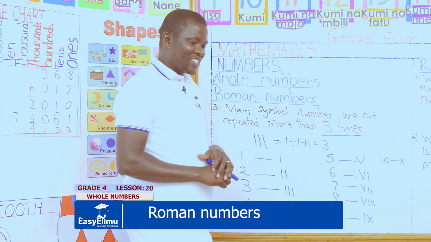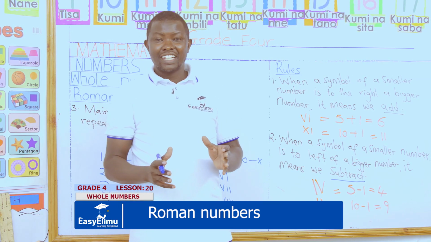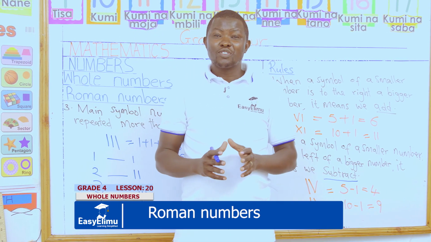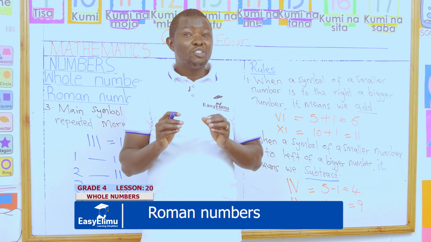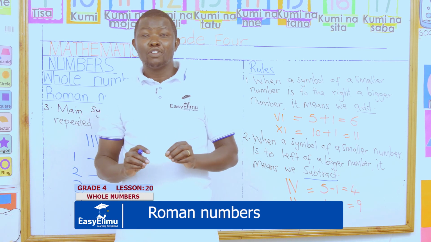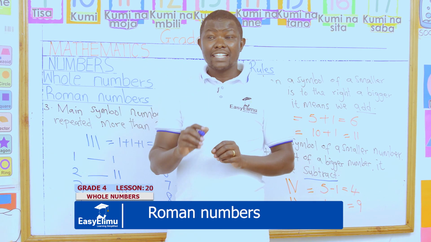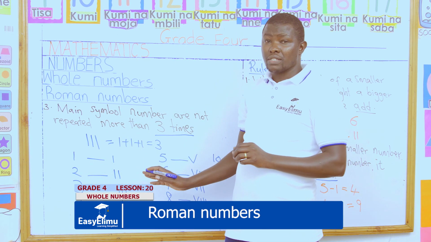Class, my task for today is very simple. When you go home, ask your parents to give you the tablet or the internet, even the mobile phone with internet. Access and learn more on Indo-Arabic and Roman numbers.